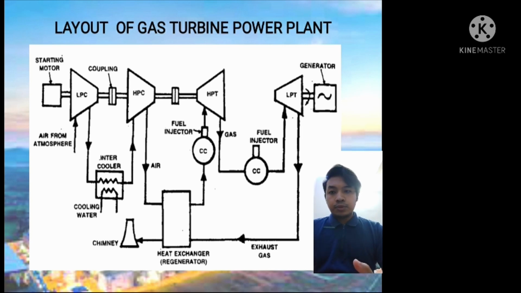And then we go to HPT. It is a high pressure turbine. Okay, in the beginning, the starting motors run the compressor shaft, and then the hot gases, product of combustion, expand through the high pressure turbine.